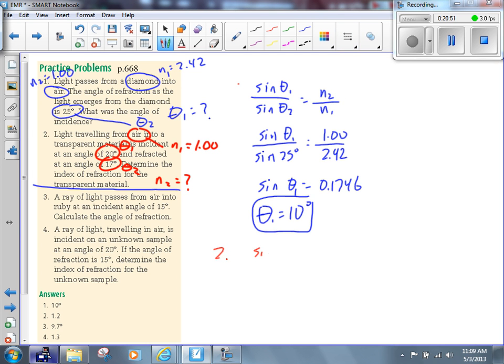Once again, we're going to use the sine theta 1 over sine theta 2 equals N2 over N1. This time we're going to rearrange to solve for N2. Let's plug in some numbers here. Let's say sine 20 degrees over sine 17.